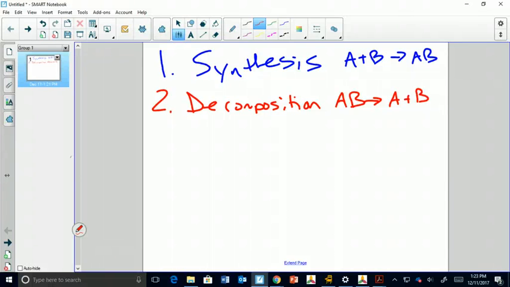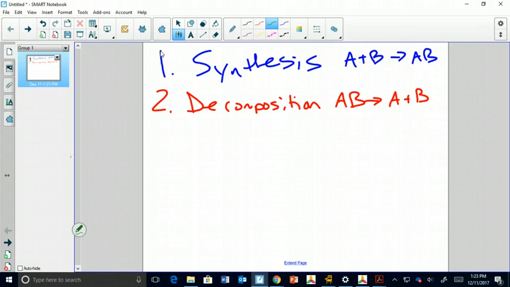I can have decomposition where one something breaks into 15 somethings. The point is you went from less complex to more complex for synthesis. You went from more complex to less complex in decomposition. Does that make sense? And these are opposites, obviously, right? Good. I can't have something that is both synthesis and decomposition. That doesn't quite work.